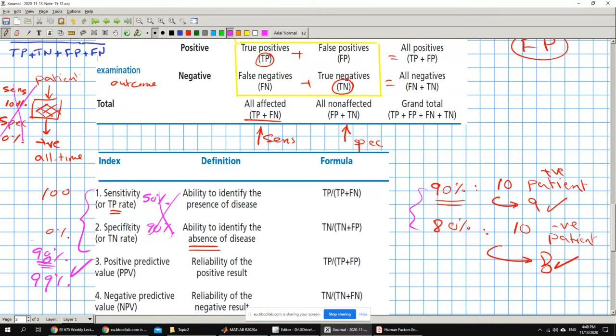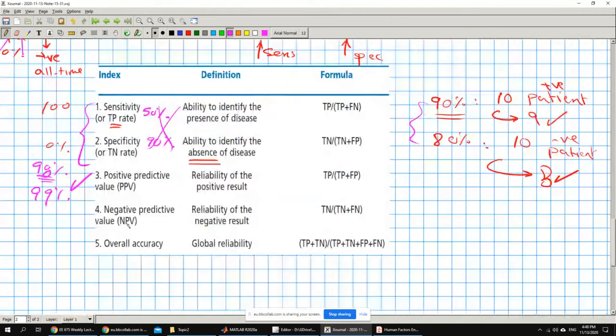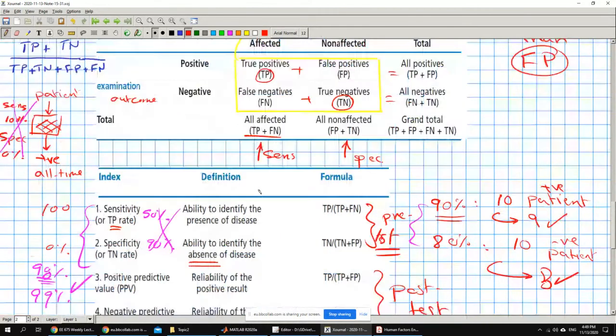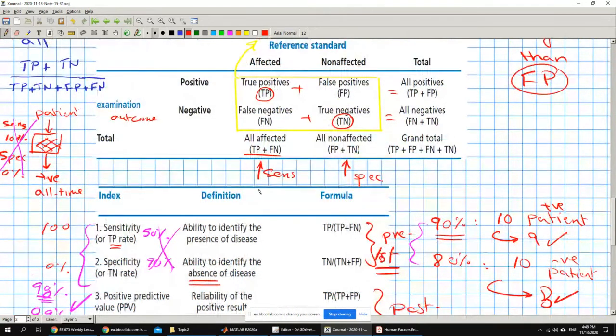The positive predictive value and the negative predictive value look the other way around. The first two are pre-test; the other two are post-test, meaning that if I get a positive result, how reliable is that positive result?